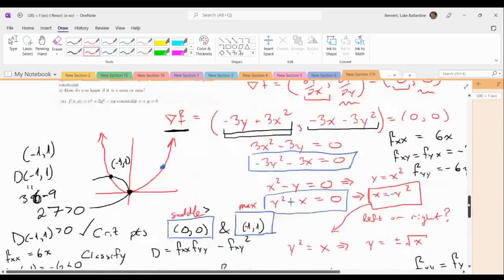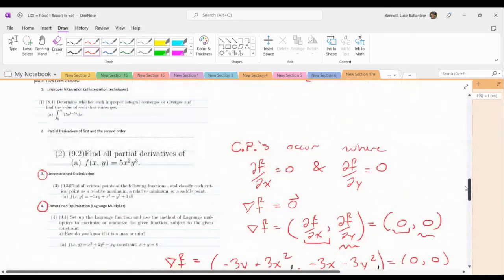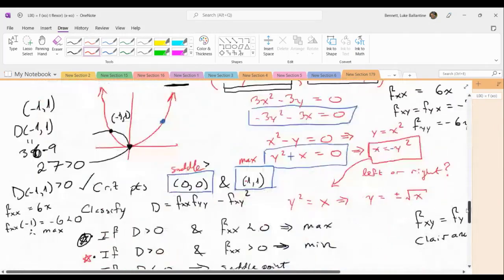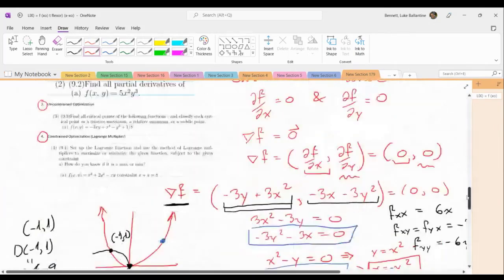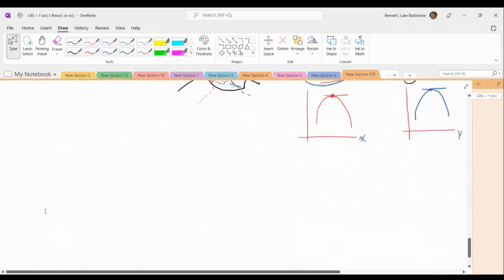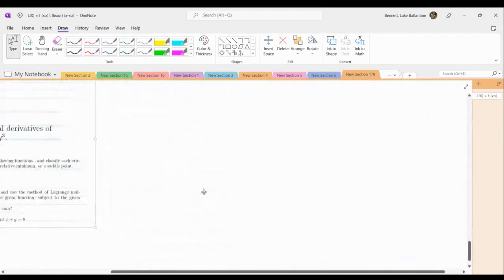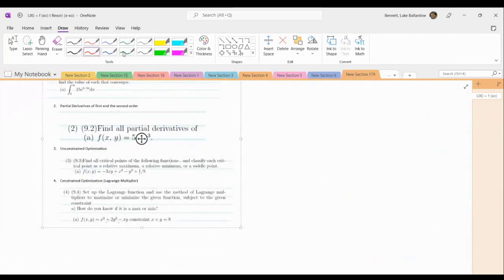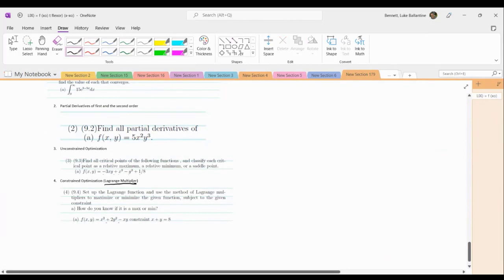Okay. So now that we have done unconstrained, we will look at constrained. So constrained, we need the method of Lagrange multipliers. Constrained optimization.